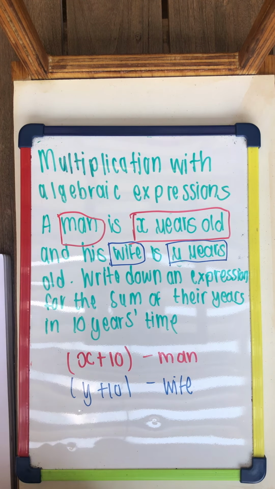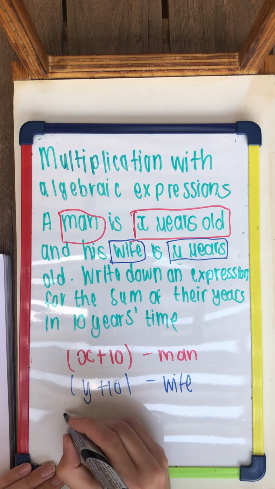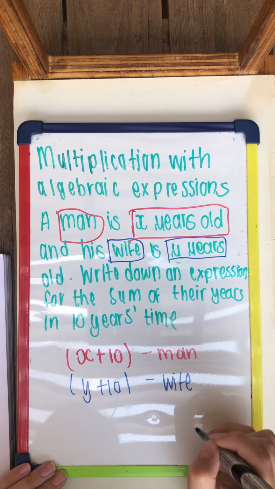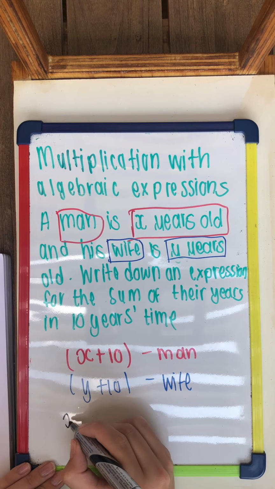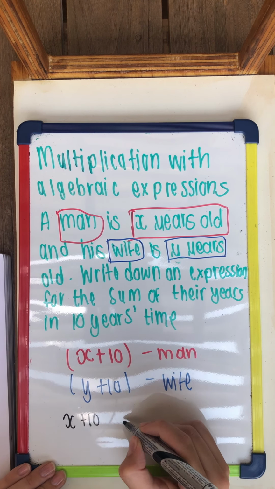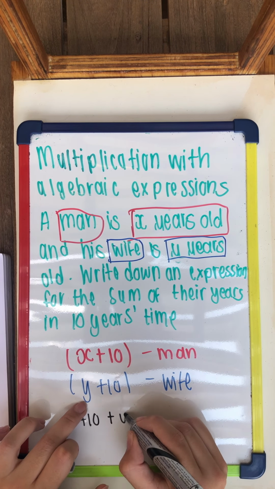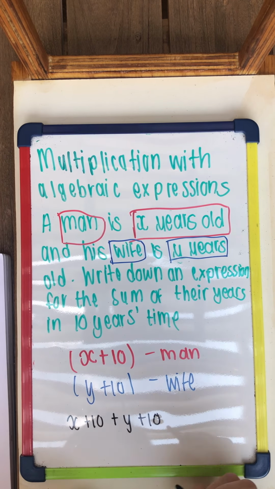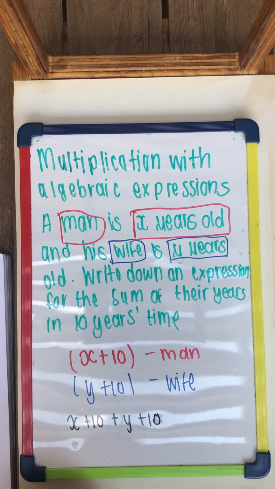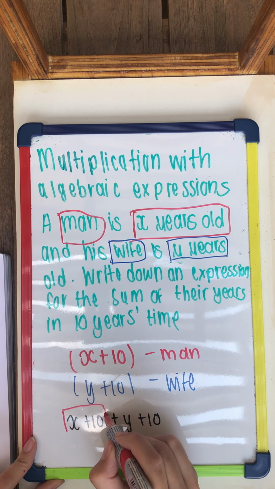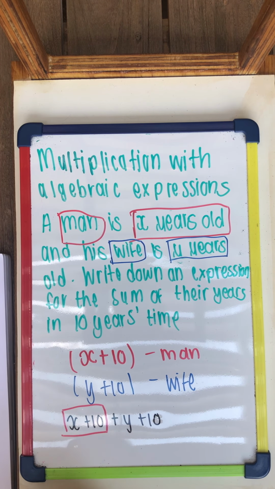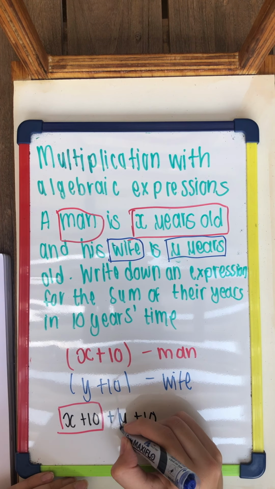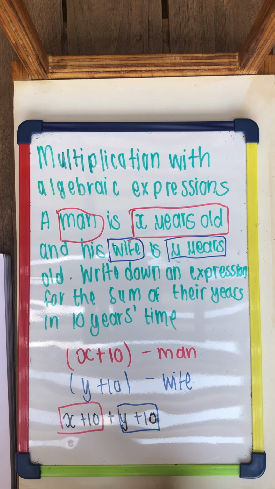Now they still want the sum of their years in 10 years time. Okay, so the sum of their years is I take what the man is and I add what the wife is. So I've got X plus 10 plus Y plus 10. So I've taken the man's age in 10 years time and I've added the wife's age in 10 years time.